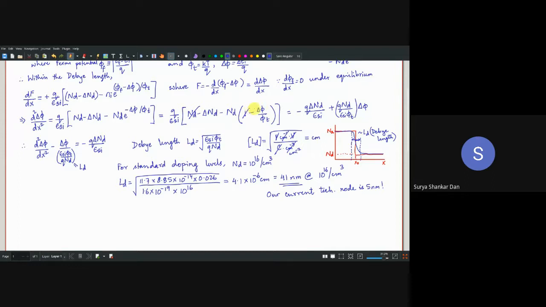So e to the power of minus delta phi by phi T becomes 1 minus delta phi by phi T. Here is an ND, here is a minus ND, so they will cancel out, and you are left with this term. So finally the equation becomes like that.